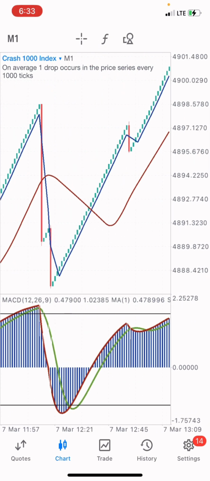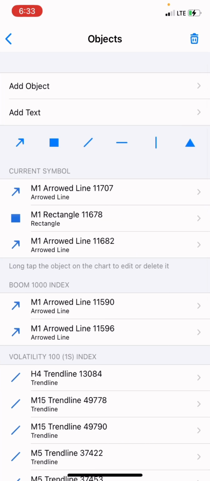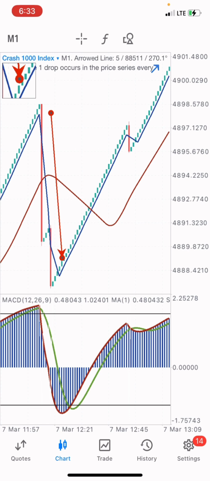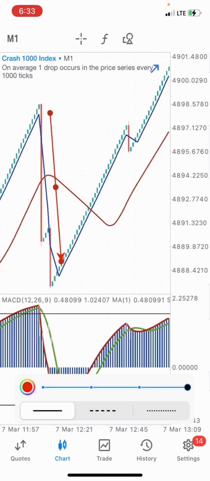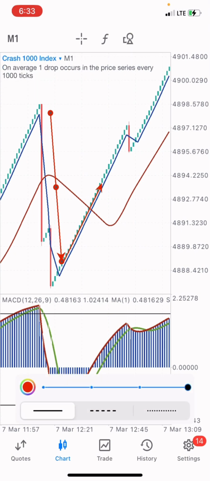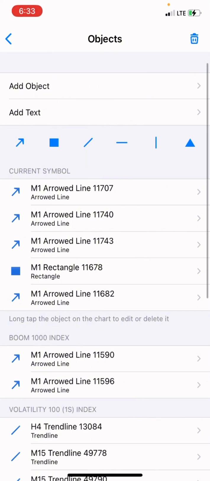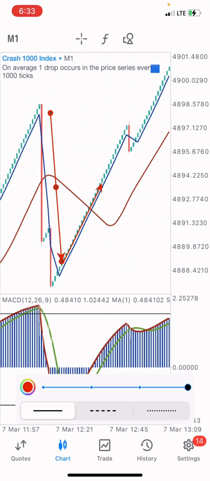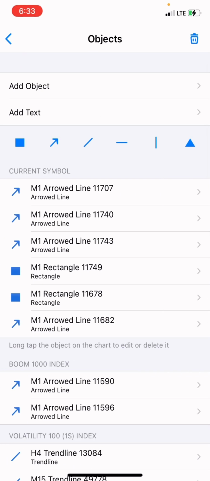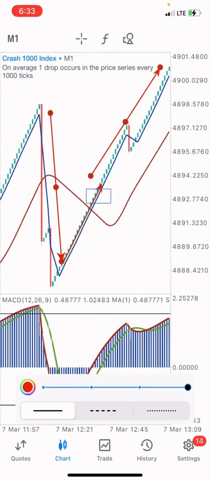We want to see price spike into the moving average and then eventually cross above the moving average again. So after two successful candlesticks close above the moving average, that is the opportunity to make a buy.